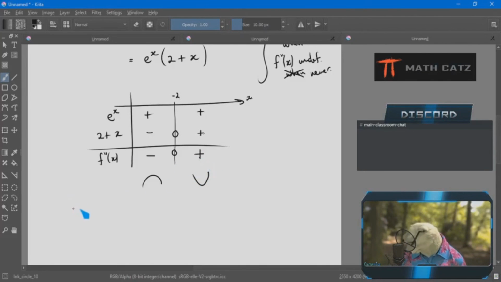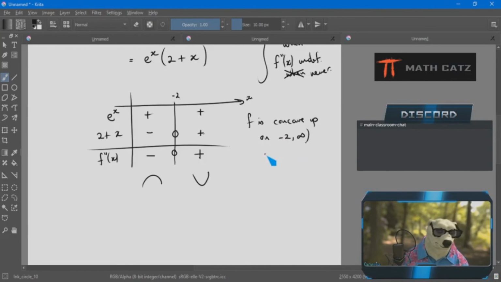Let's write our sentences. Actually, let's do it over here. f is concave up on certainly -2 to infinity. Infinity always gets a round bracket. -2, what kind of bracket does it get? So in the process of writing these sentences, I am sort of answering the inflection point question.